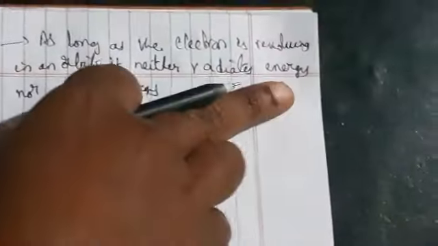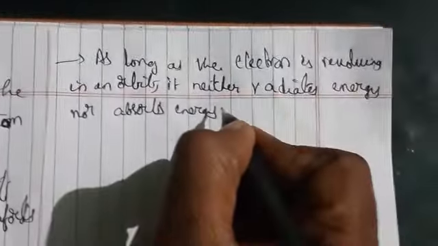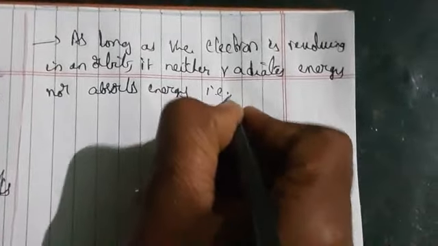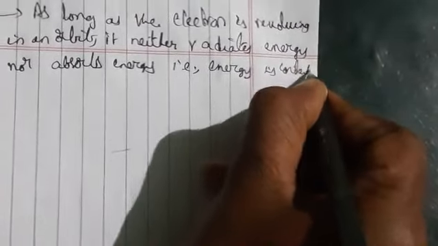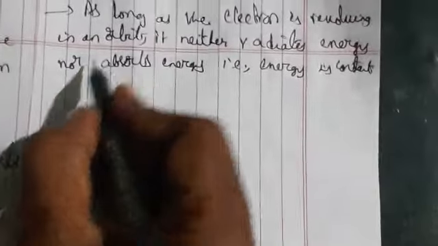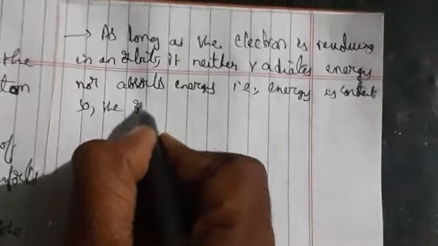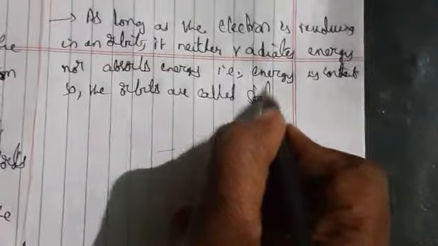It is not radiating energy and it is not absorbing energy. That means the energy is constant here. Whenever the energy is constant, the electrons revolving around the orbit are in what we call stationary orbits.